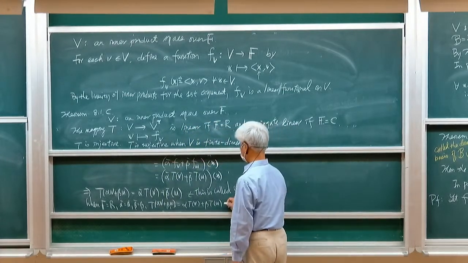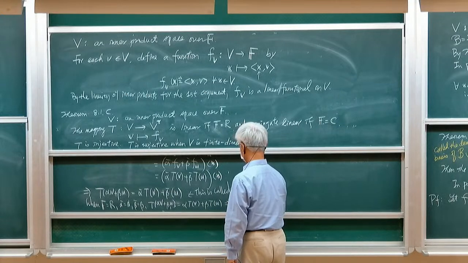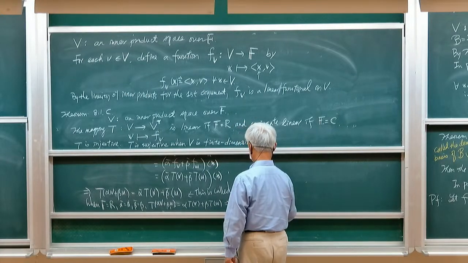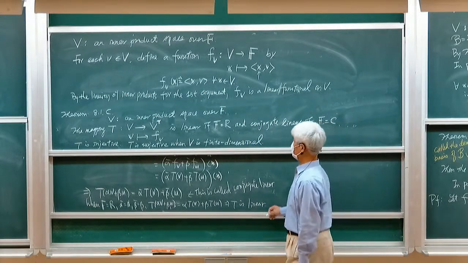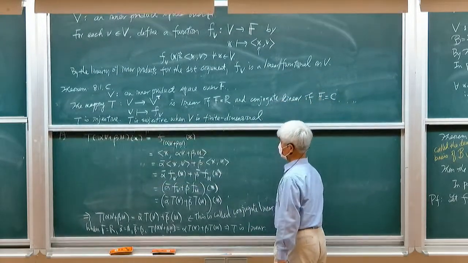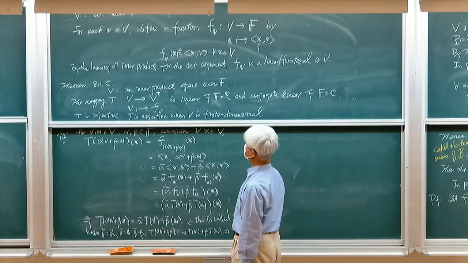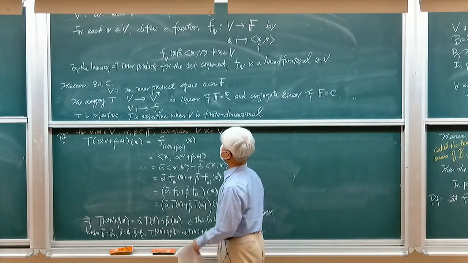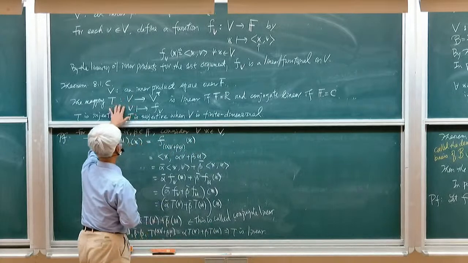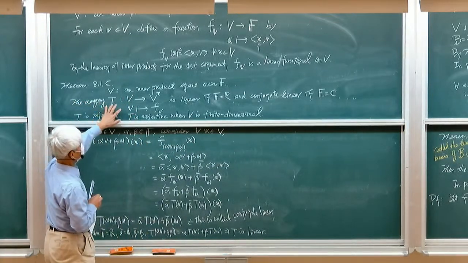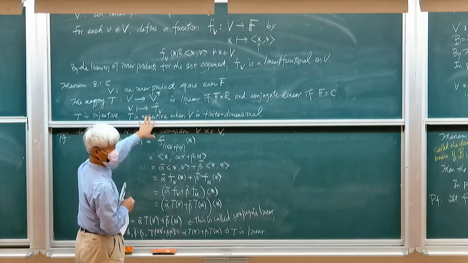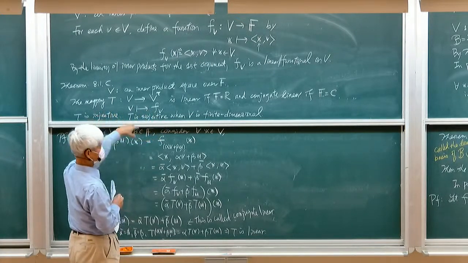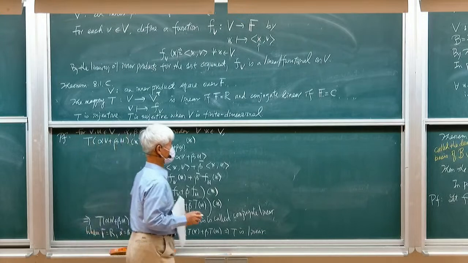This implies T is linear. Okay, so the first part has been proved. The mapping is linear for the real case, and is conjugate linear for the complex case.